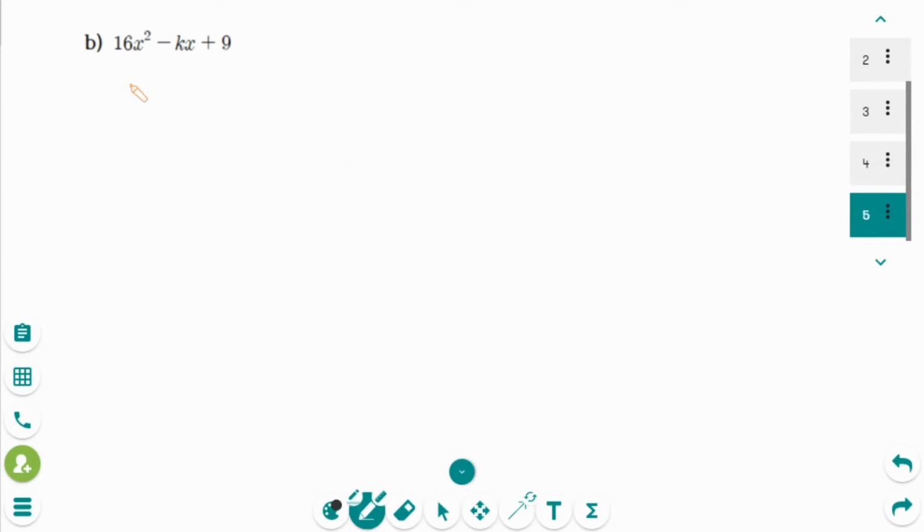Number B is this one. This polynomial must be a perfect square trinomial. So think about a squared minus 2ab plus b squared equals a minus b squared. This is the factored form. So this one can be factored.